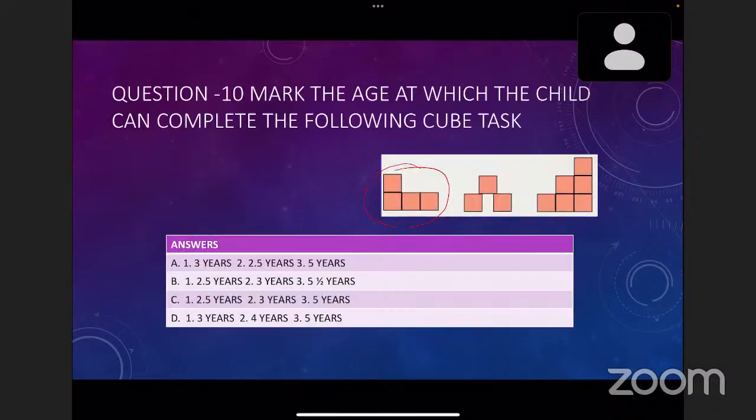this is attained at the age when the child is able to form a train without chimney by the age of 2 years, and with chimney on top at the age of 2.5 years, and he can build a gate of 3 cubes by the age of 3 years.